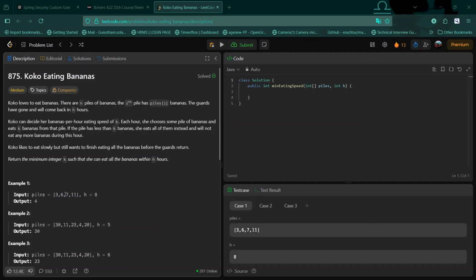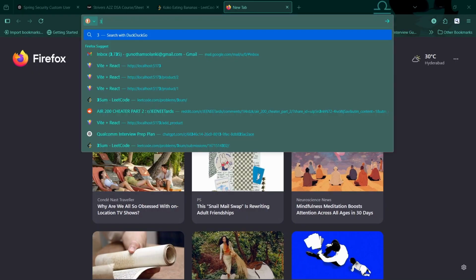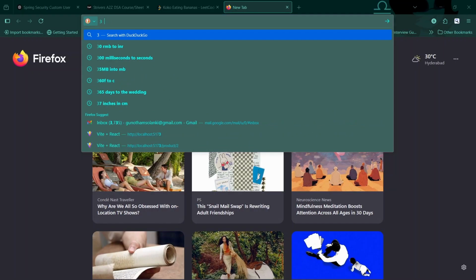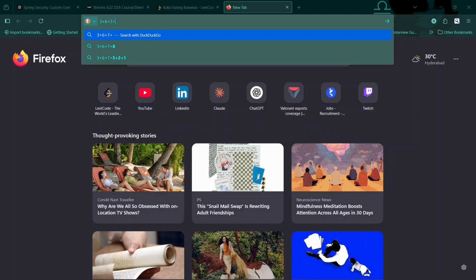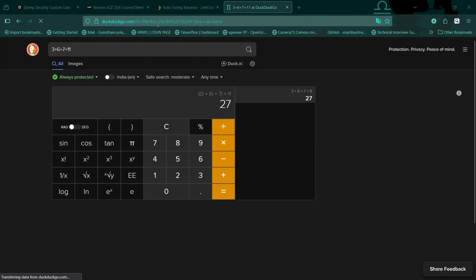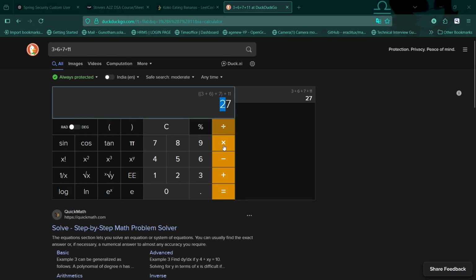So 3 plus 6 plus 7 plus this 11 is 27, right? 27 divided by 4 should be, sorry, 8, we should divide it by 8. 27 divided by 8.